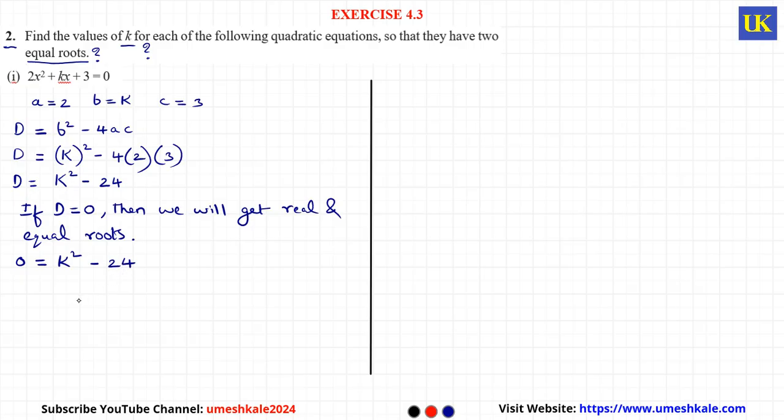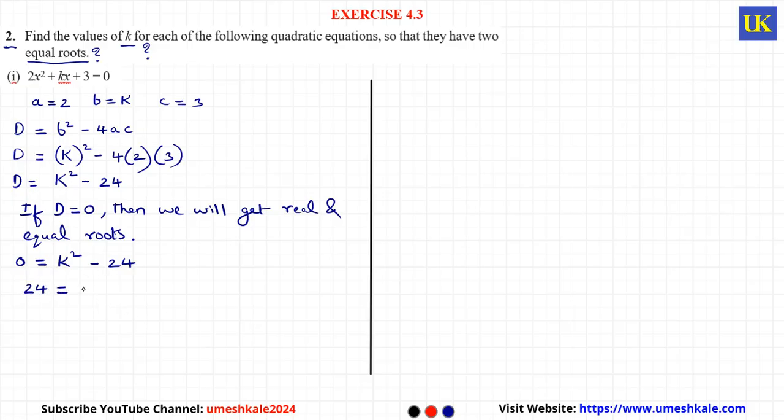So 0 is equal to k square minus 24, and we'll solve further. Now, k square I will take to the other side. Or what I can do, not k square, I need to send the 24 to this side.